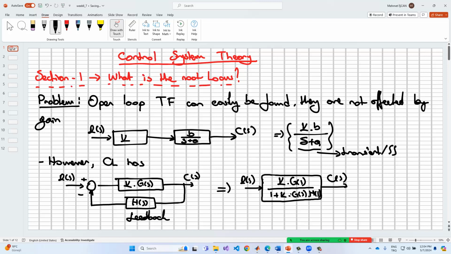The denominator of this part is affected by the changing parameter K, okay? And so they are affected by the K, or the pole location can be changed by adjusting the K parameter in here.